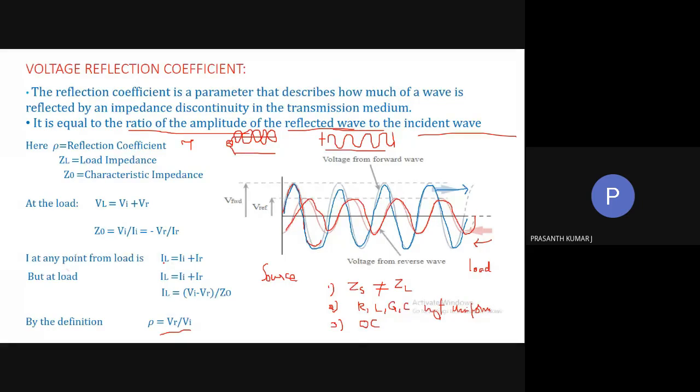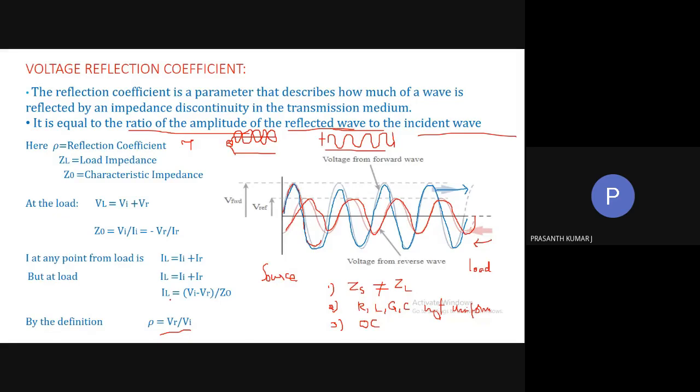Now, what is IL? The current at the load is equal to II plus IR. So II is the incident current and IR is the reflected current.